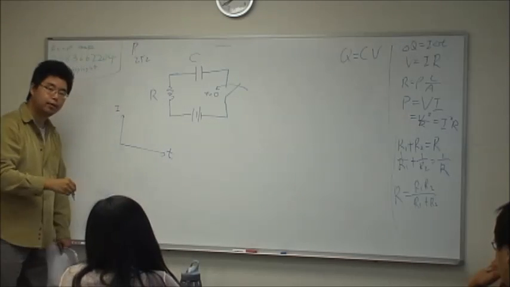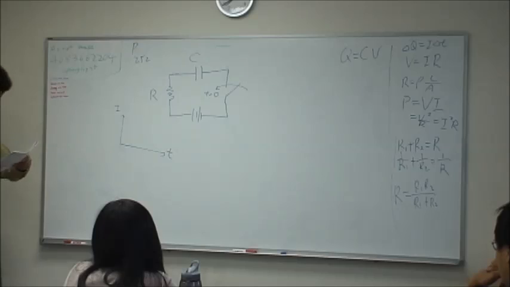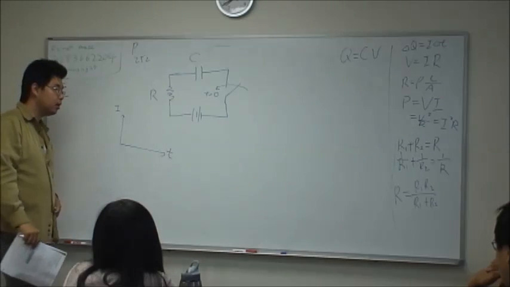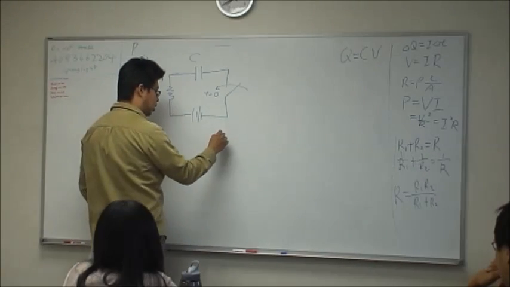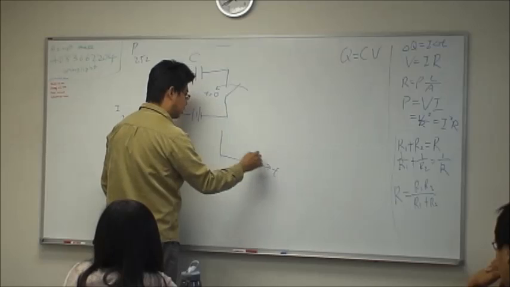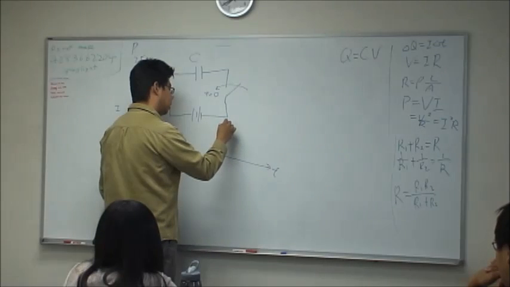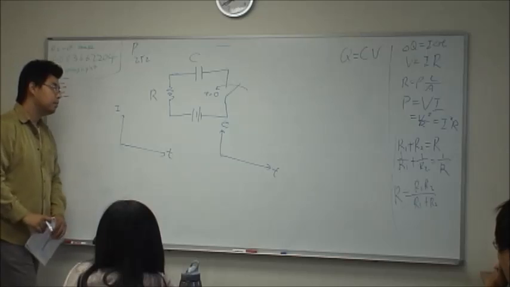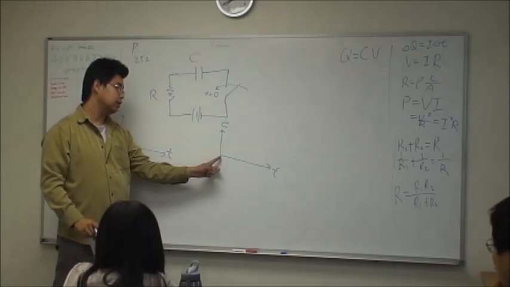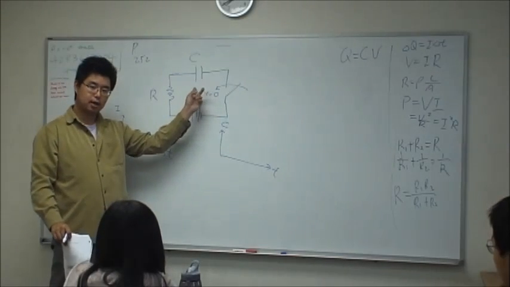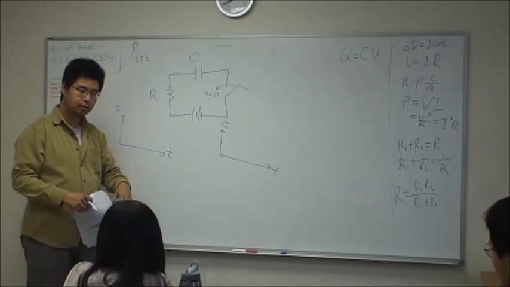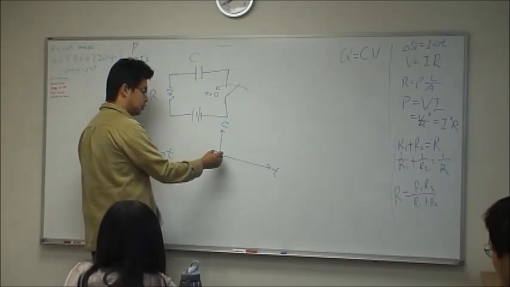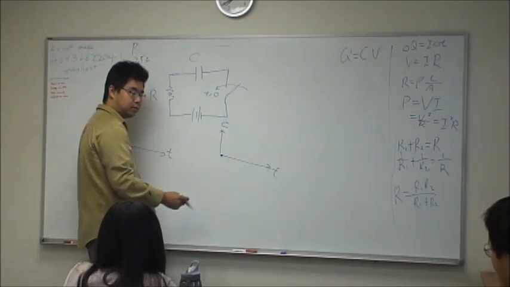Let's talk about current first. Maybe let's also talk about how much charge is inside the capacitor. Okay? Before I close the switch at t equal to 0, is there any charge on the capacitor? No, right? So at the beginning the charge is 0.